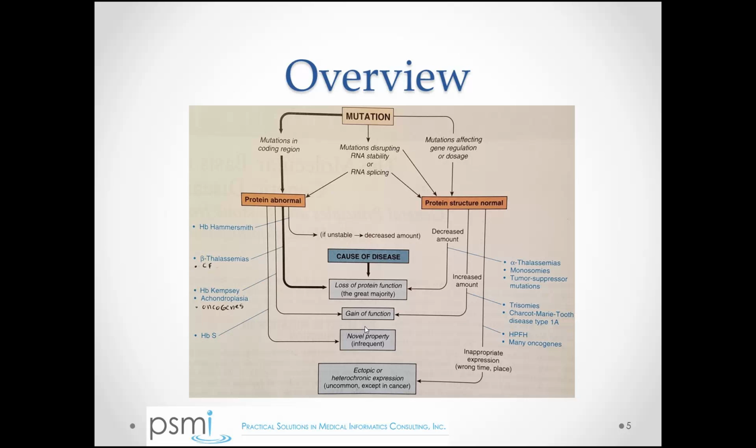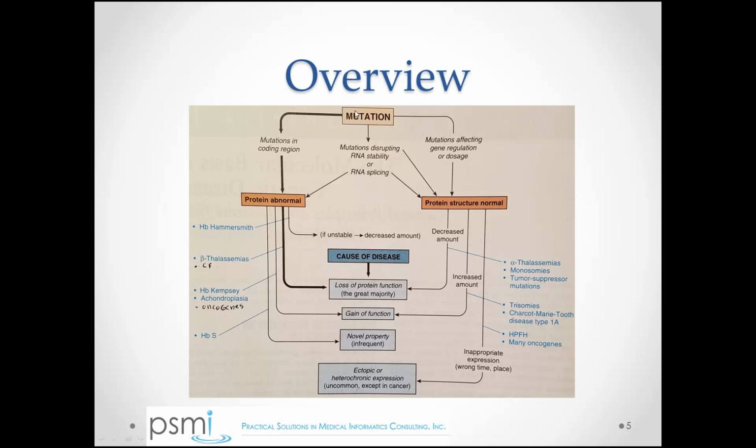So let's begin with an overview of genetic diseases. It's really difficult, and any kind of categorization you might choose to use is going to have some gray areas and places where it doesn't completely reflect all of the different types of genetic diseases, but the categorization you see here is pretty good.